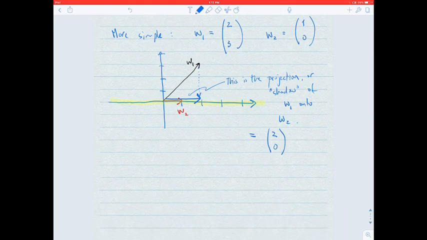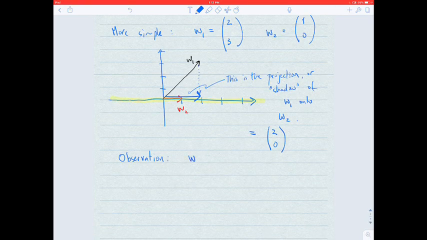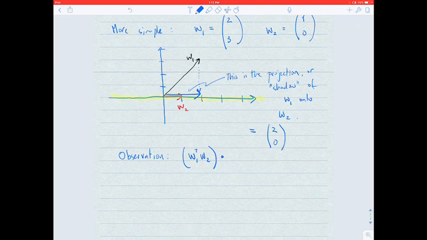So an observation here is that the projection of W1 onto W2, one way I can write it, is W1 transpose W2. This is now a scalar. This is the length of the projection, and it's in the direction of W2.